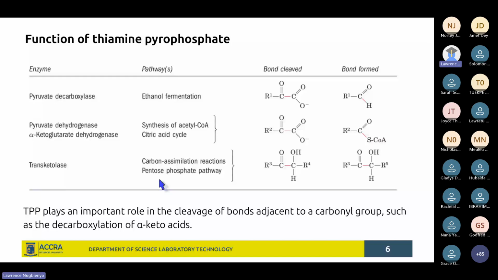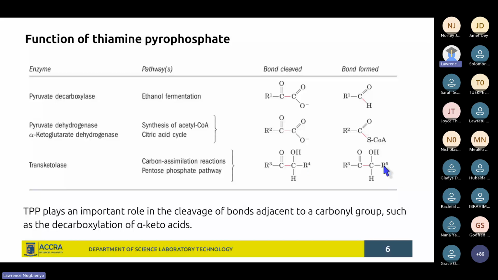And here too we see there's a red bond, that bond between the keto carbon and the carbon carrying the hydroxyl group. That bond is what is broken, and when it is broken, another group altogether comes to bind to it. The group looks similar, but it's not the same. That's why we have this to be R4 and this to be R5.